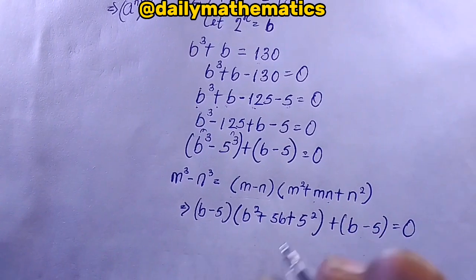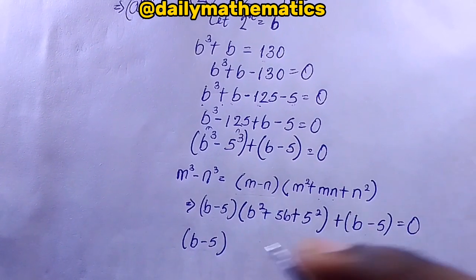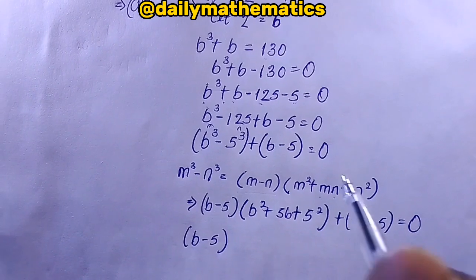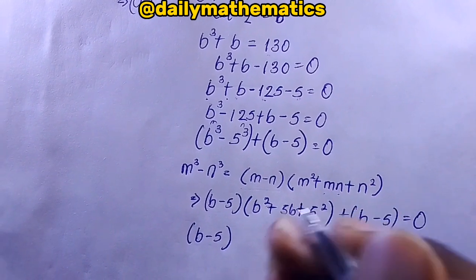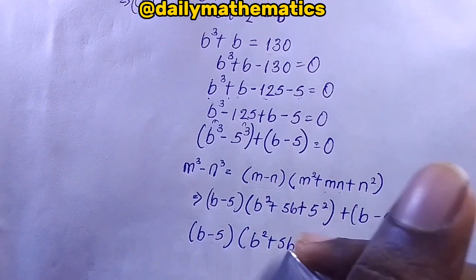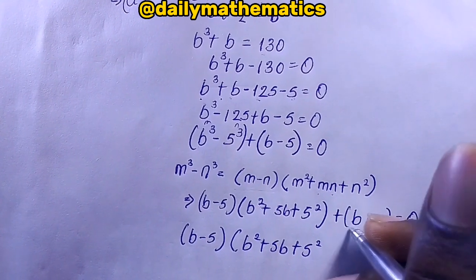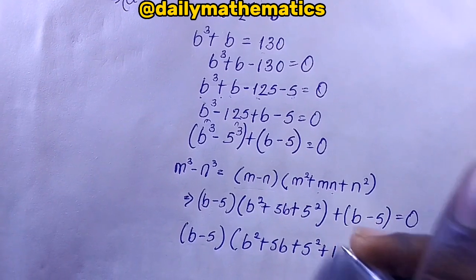We can factorize b minus 5 out of both. This gives us (b minus 5)(b squared plus 5b plus 5 squared plus 1) equals 0, because when we bring out b minus 5 from the second term it leaves plus 1.